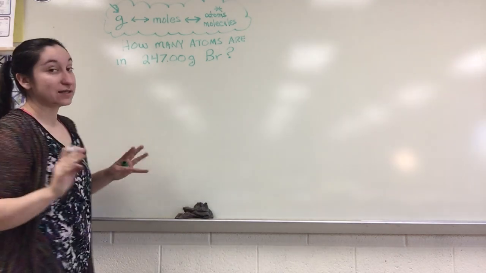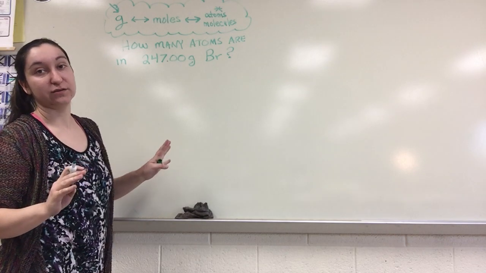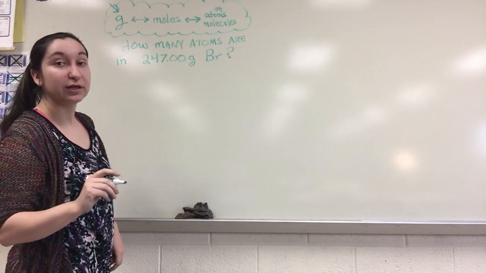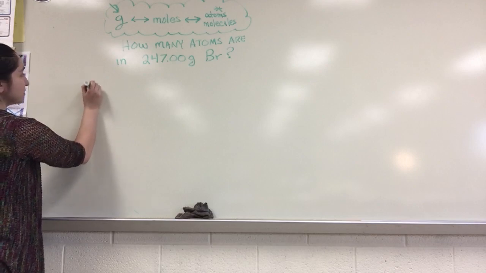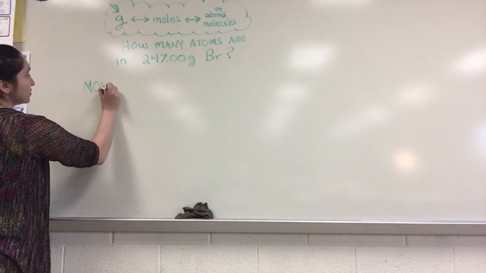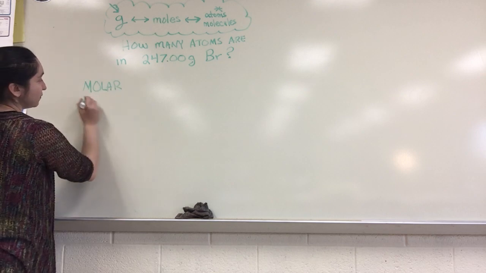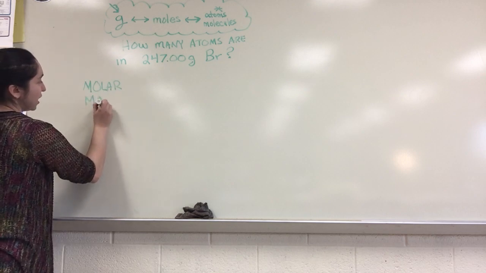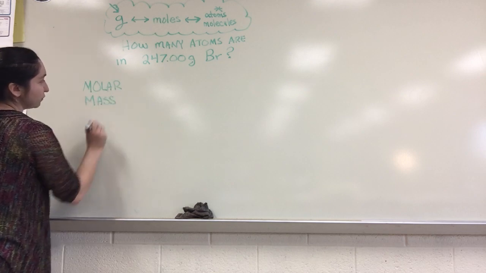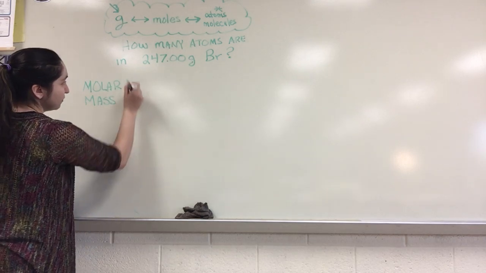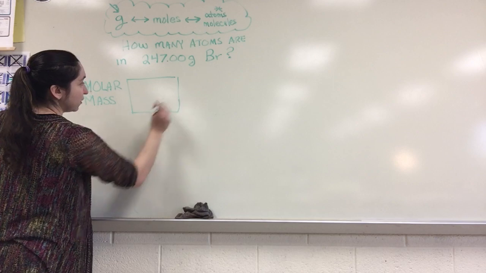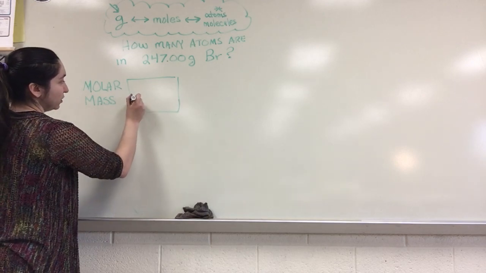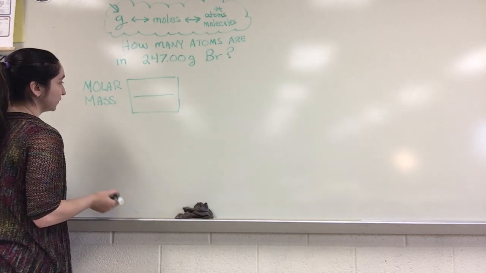So I've got to set us up with some conversion factors here. The one that you've probably already heard of is this concept of molar mass. This is the one that we just pull off the periodic table. I'm going to keep my conversion factors in boxes because when I put them over there on the railroad, they're actually going to appear very similar.